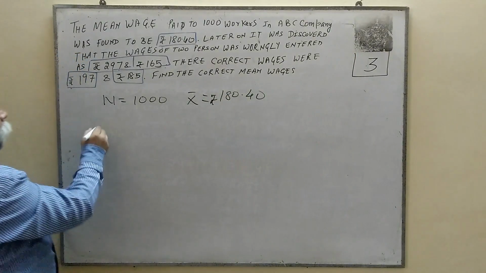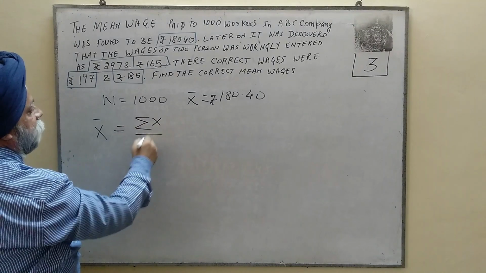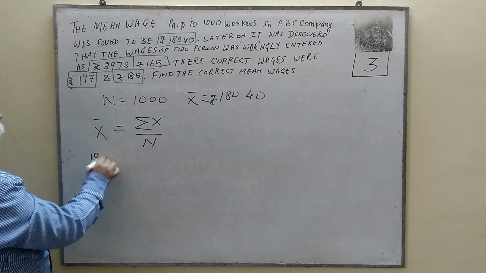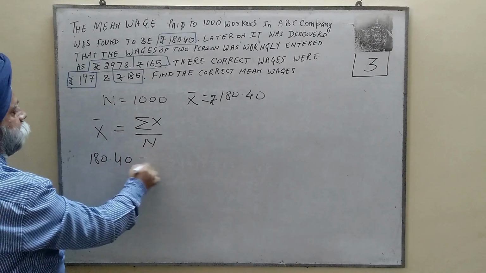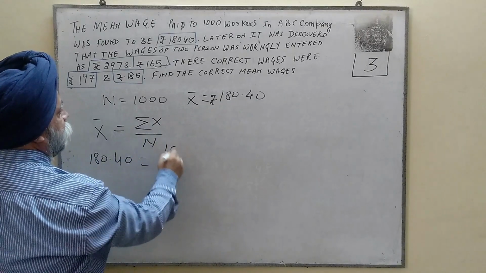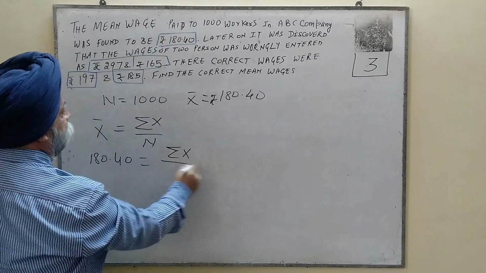Now we know the formula of X bar: X bar is summation of X divided by N. So 180.40 is equal to summation of X, whose value we have to find, divided by N.